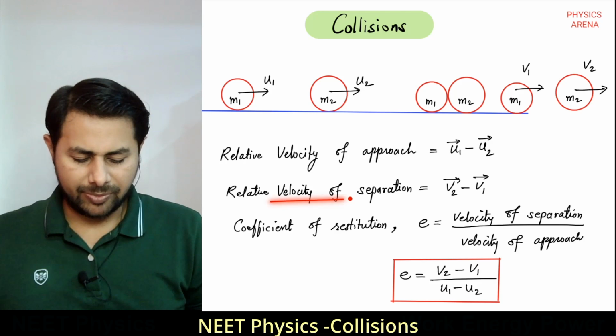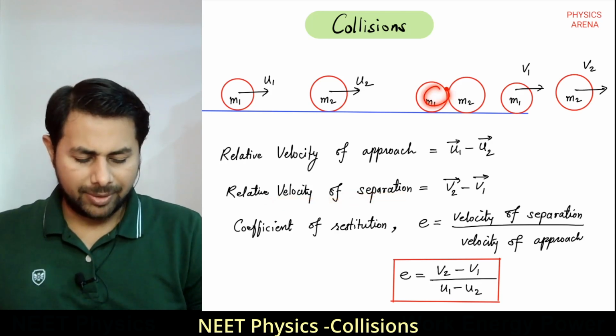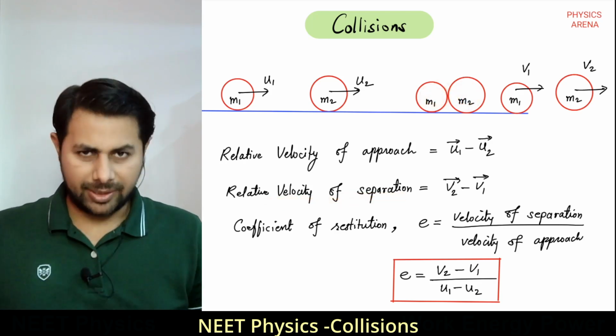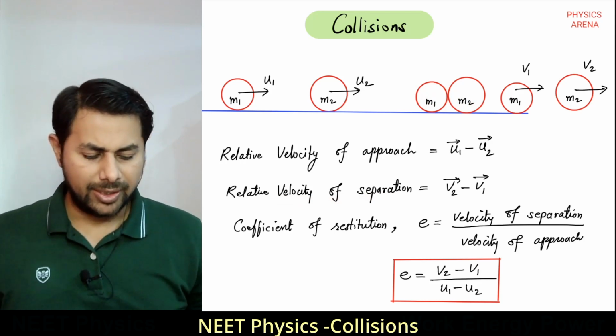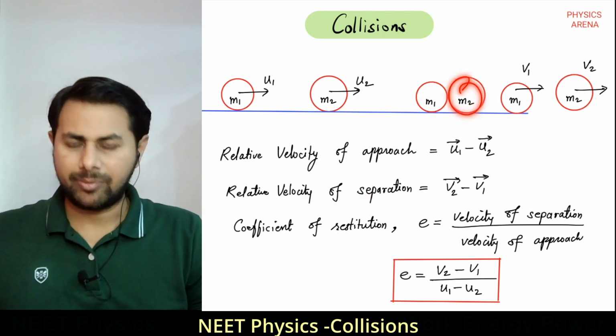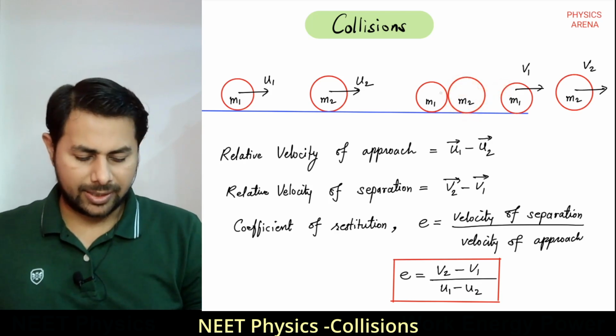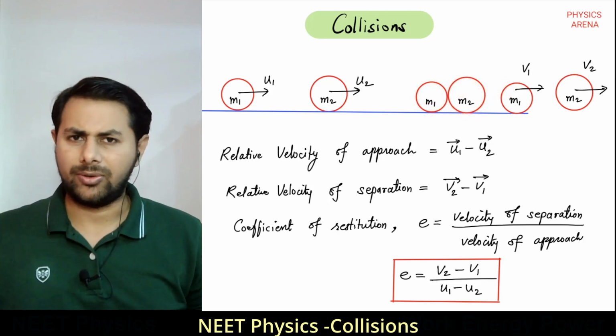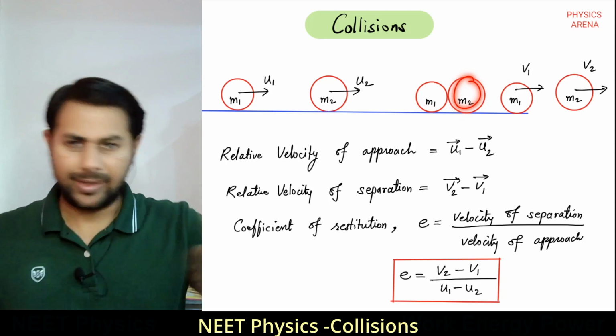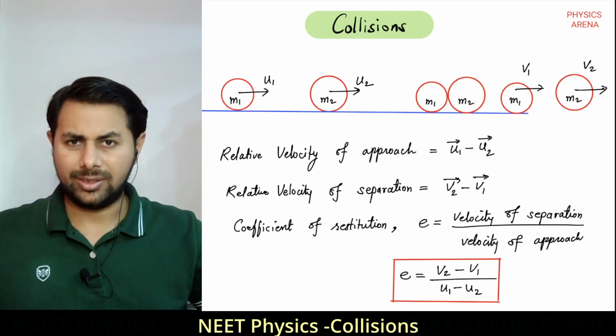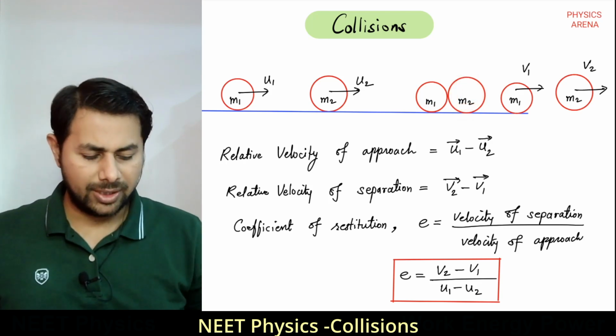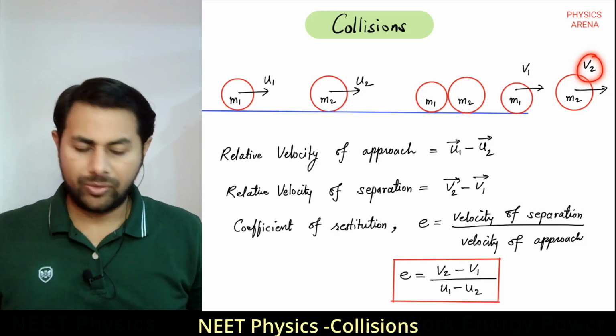And then there is velocity of separation. After the collision, the two bodies will separate from one another. So the second body moves ahead, and the first body follows. The second body separates from the first body with some velocity, and again we need to take the relative velocity, so it will be equal to v2 minus v1.